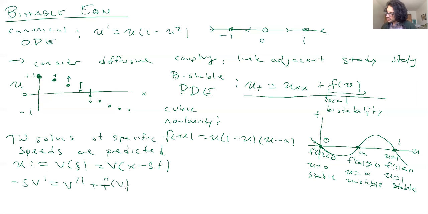Okay. Now, you can write this as a 2D system, which is just going to be v prime equals w, w prime equals minus s w minus f of v.